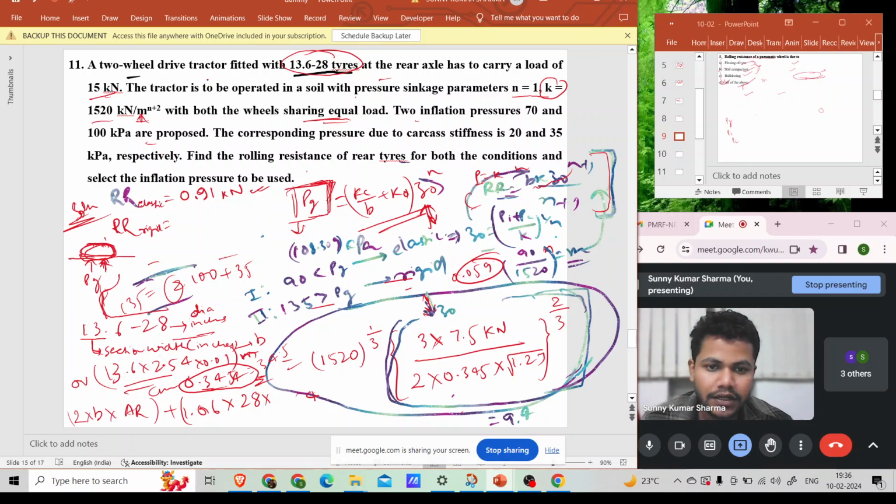Z0 we directly calculated for rigid mode from this expression, and for elastic mode that expression. For rigid mode, the Z0 we have derived in terms of W is 3W by 2 into V root under V to the power n, that is 2n by 2n plus 1. This Z0 you will put here in the rolling resistance formula, the new Z which you are getting from here, and you will get the rolling resistance for rigid mode. So what Z0 you are getting from here, that calculation.